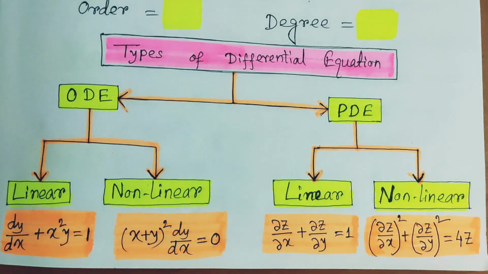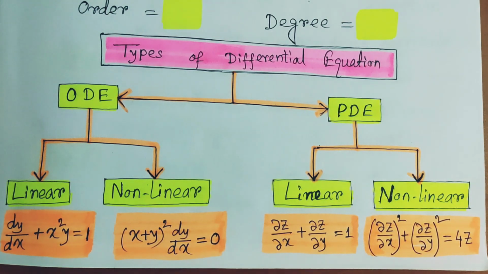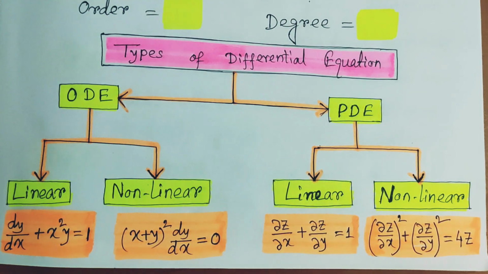For your reference, I shall give you examples. When it is linear, the example is dy/dx plus x²y equals 1. dy/dx is first order, first degree, and y is the dependent variable, which also has power 1. So this one is linear.